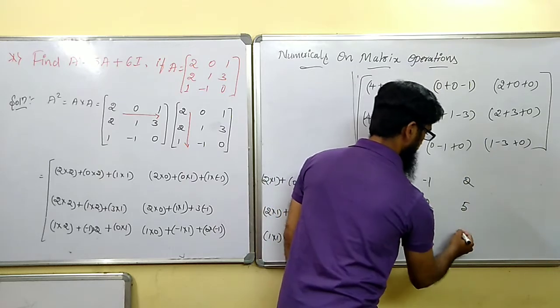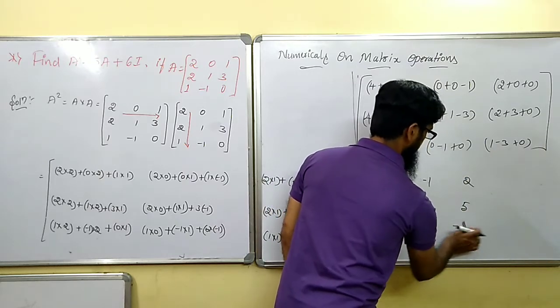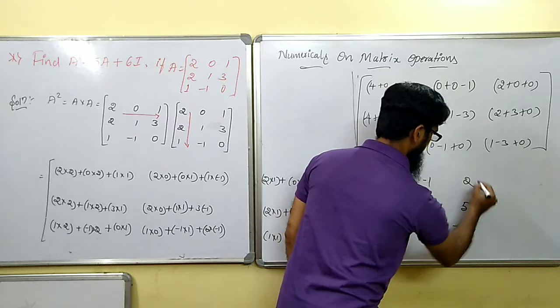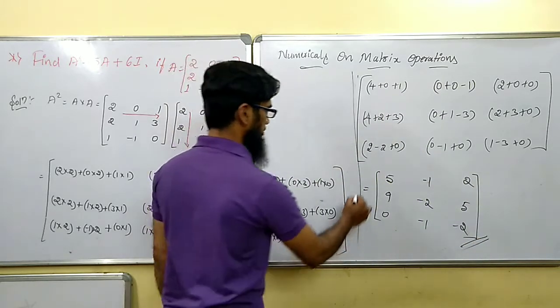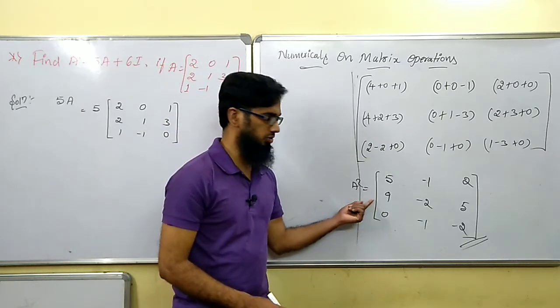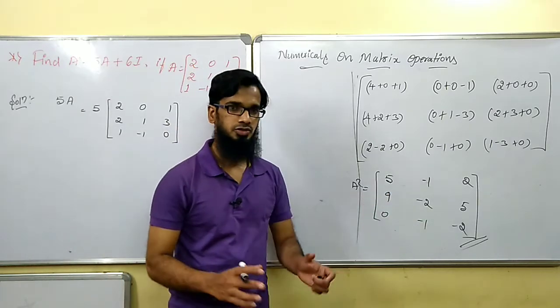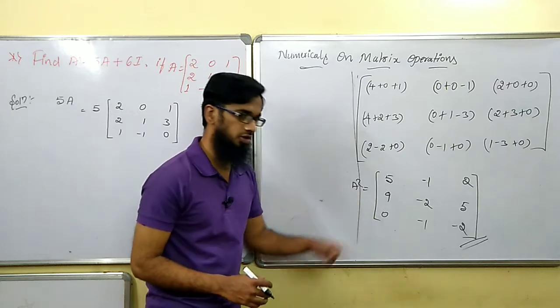So just simplification here. So this is plus 1 minus 3 is minus 2. So this is what the A square matrix here. So we are getting a final A square, that is after multiplying A into A. This is the A square here.